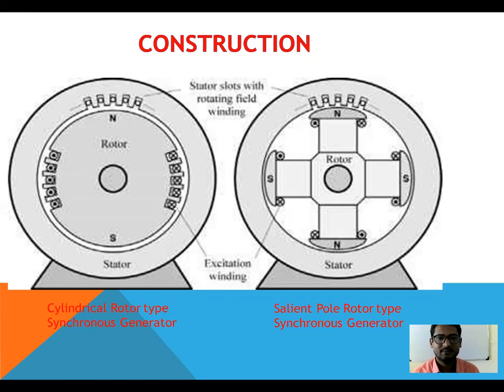In both types the stator is the same, having stator slots with a rotating field winding. The excitation winding is mounted on the rotor of the machine. Generally the excitation is given to the rotor of the machine with a DC supply.